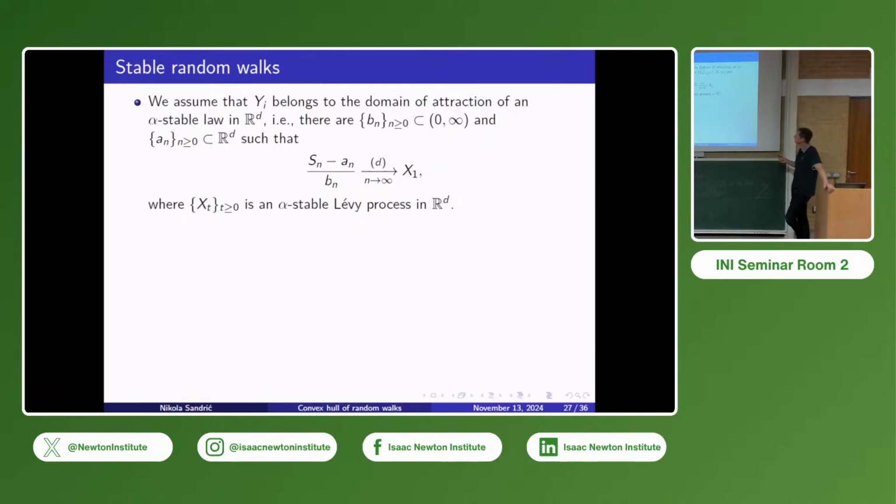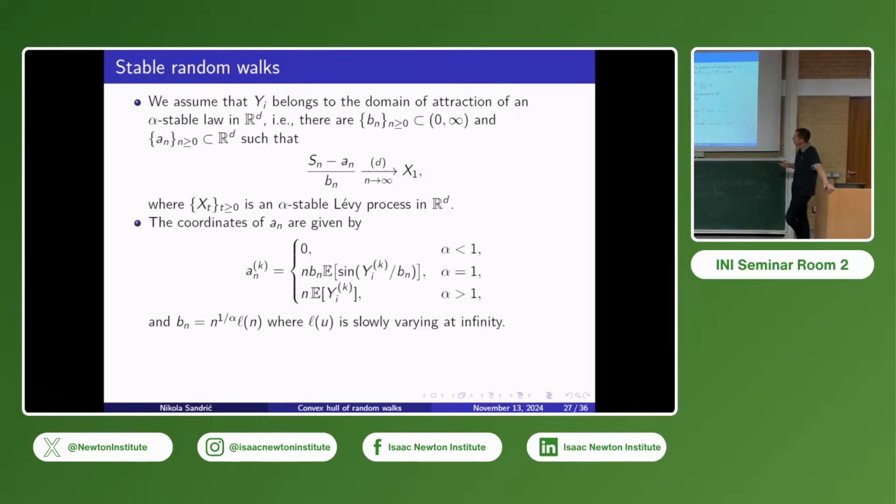That means that there are sequences Bn and alpha n such that this convergence in distribution holds. This means that behind it we have some alpha-stable Lévy process, which we denote by Xt.